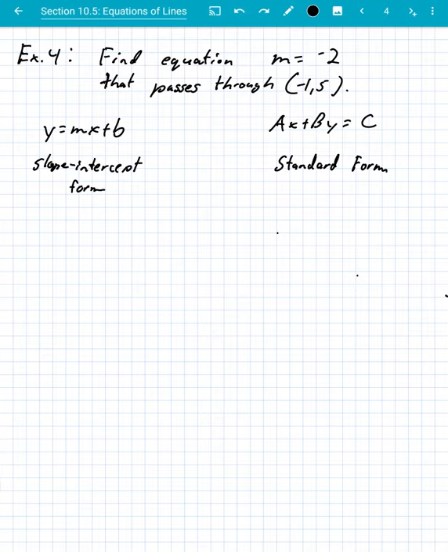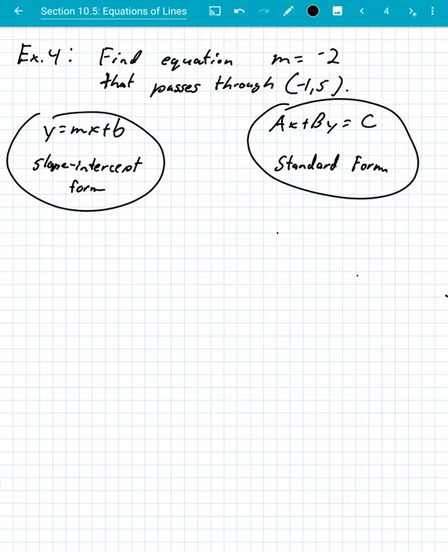So this brings us to another useful equation that we have. This one's called slope-intercept form. This is standard form. This one is y minus y1 equals m times x minus x1.